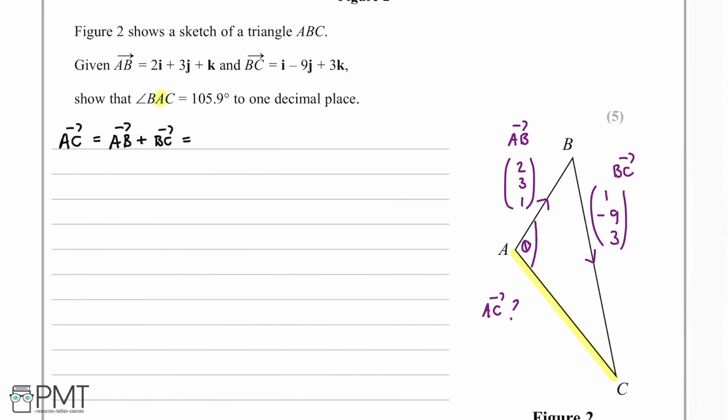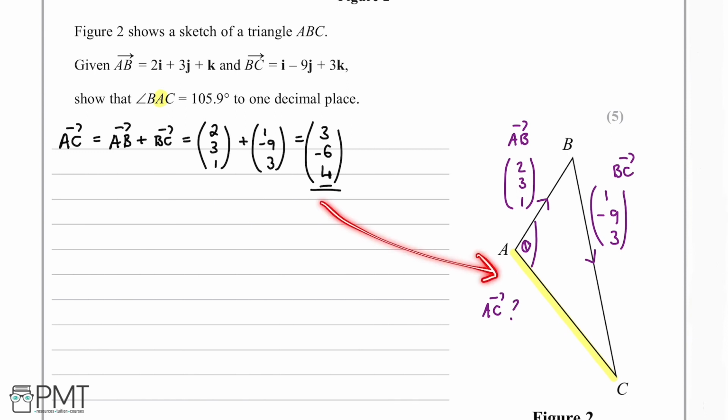We can simply write our column vectors: 2, 3, 1 plus 1, minus 9, and 3. This gives us A to C, which comes out as 3, minus 6, 4. So we can annotate it onto our diagram: 3, minus 6, 4.